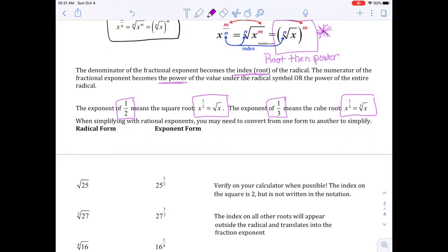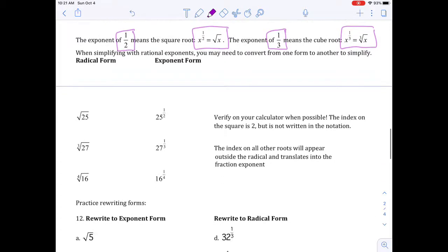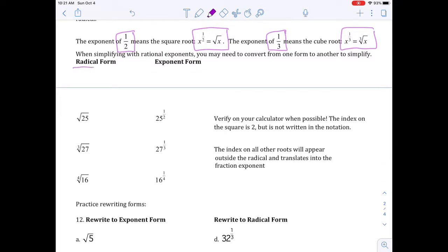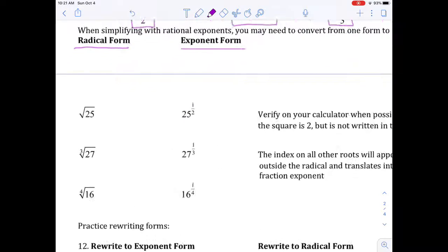So the square root of a number, or the square root of a variable, can be rewritten as a base with a fraction exponent. Now you can verify that on your calculator, and I want you to look. We've got radical form and we have exponent form. Radical form is obviously going to contain the radical symbol. Exponent form, the exponents are going to be fractions.